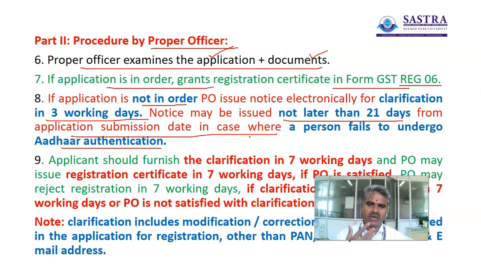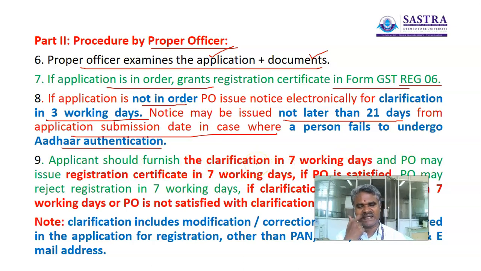Then based on that you have to reply to them. Okay. So after the notice is sent within 3 days or 12 days by the proper officer through mail, the applicant should furnish the clarification in 7 working days.